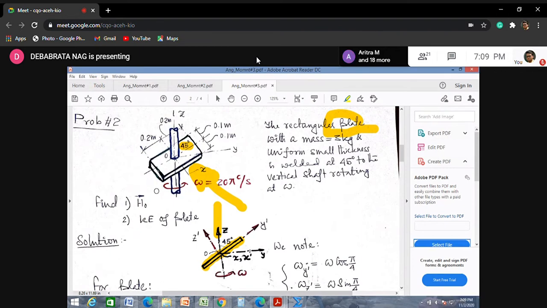So now, this assembly is rotating about this z-axis, which is of course a fixed z-axis. We have been asked to find out, if this rectangular plate has a mass of 3 kg and is uniform, of small thickness, etc., with the vertical shaft, two things: the angular momentum about point O and of course the kinetic energy of the system.